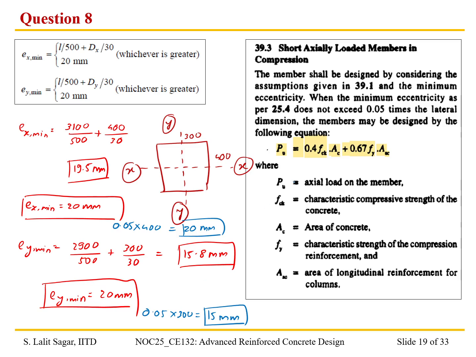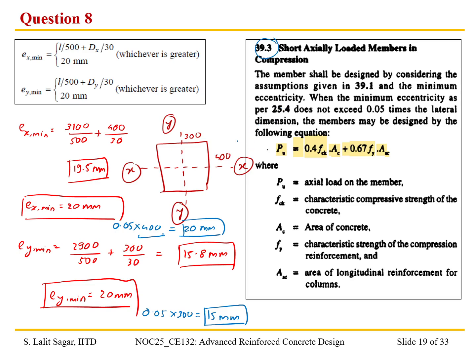Okay, so this criterion about the y-axis is not satisfied, which means that if we are able to satisfy this dimension by modifying the column from 300 millimeter to 400 millimeter, we should be able to satisfy this criterion for short axially loaded columns in terms of the minimum eccentricity.